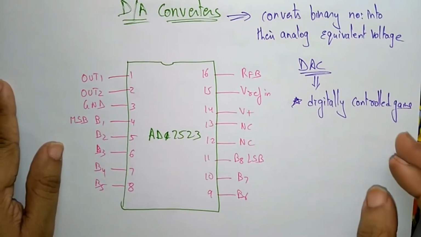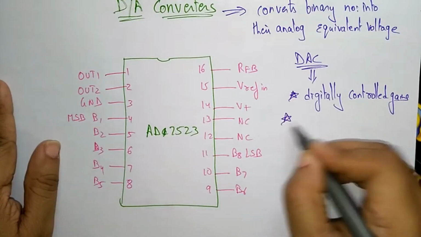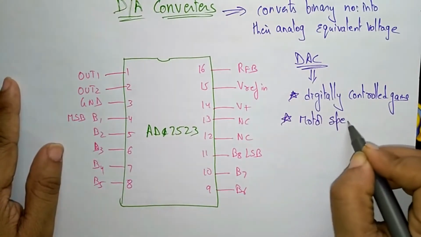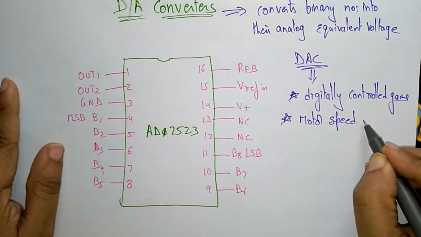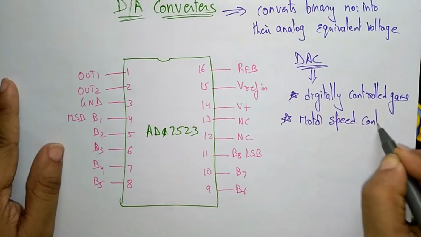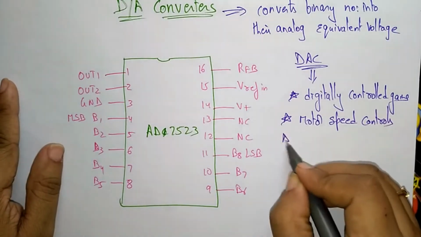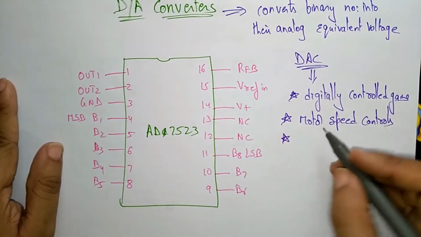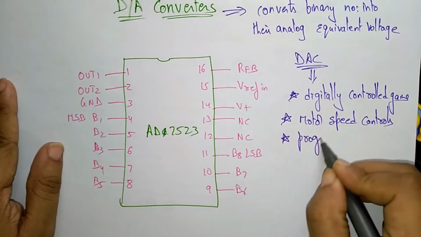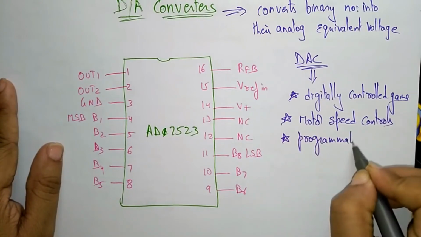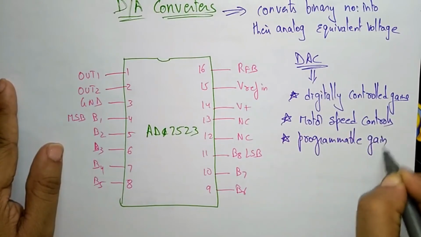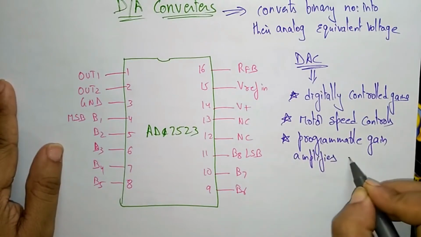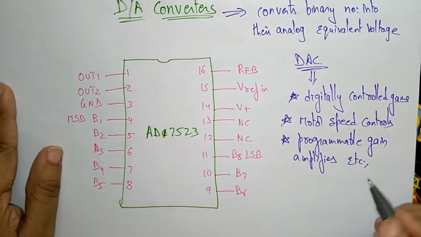We also use digital to analog conversion in motor speed controls, and in programmable gain amplifiers, etc. These are some of the applications where digital to analog conversion will be needed.